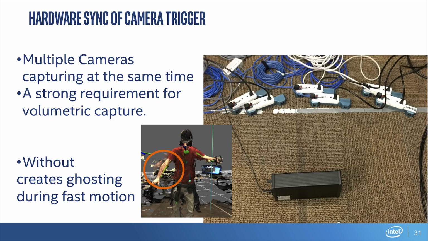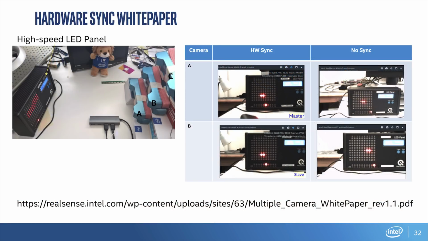But we found that if we wanted to do more complex things like volumetric reconstruction, we really need to move towards hardware synchronization. Otherwise, you start to see things like those ghost artifacts around the arm. And we actually have a white paper out now where you can go ahead and use our cameras with hardware synchronization in your own lab.